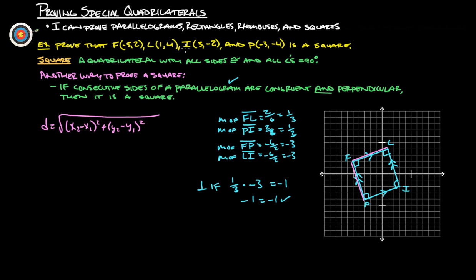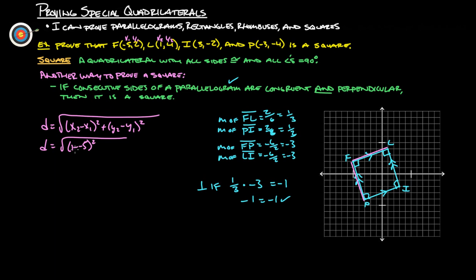Sorry, not C, L. So F and L. On this first one, we have x1, y1, x2, y2. So distance equals the square root of x2 minus x1, 1 minus negative 5. Don't forget the double negative.